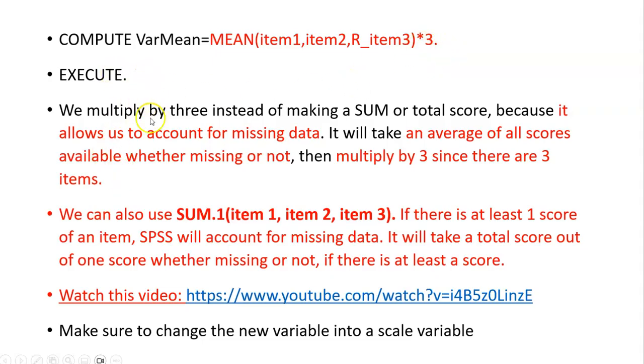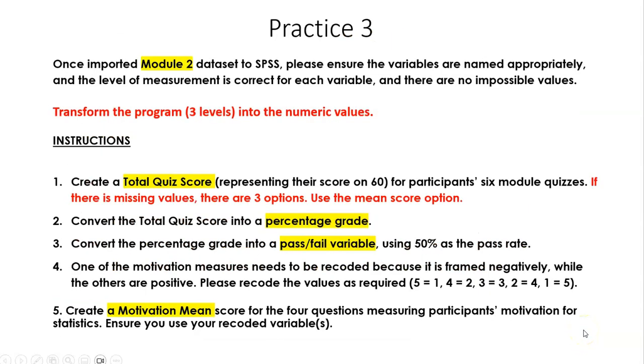And then you can execute that, and you can also obtain the sum of the total score this way: sum of item 1, item 2, item 3. So even though somebody didn't answer, you can obtain the total score anyway by this formulation. So you can also think about that.